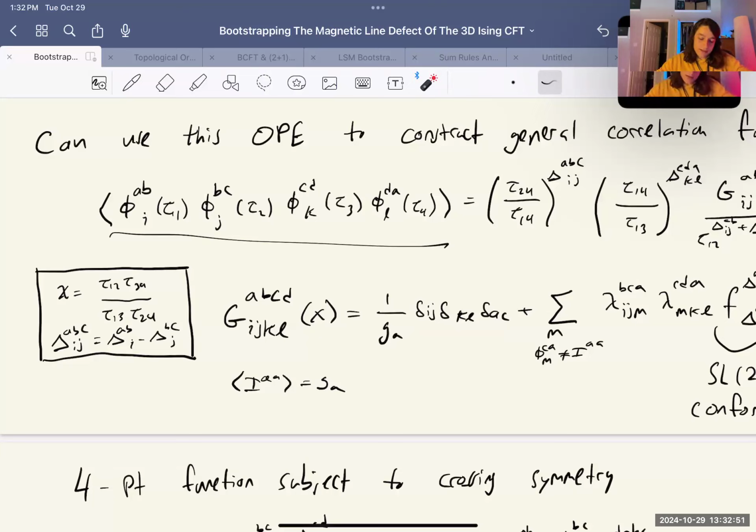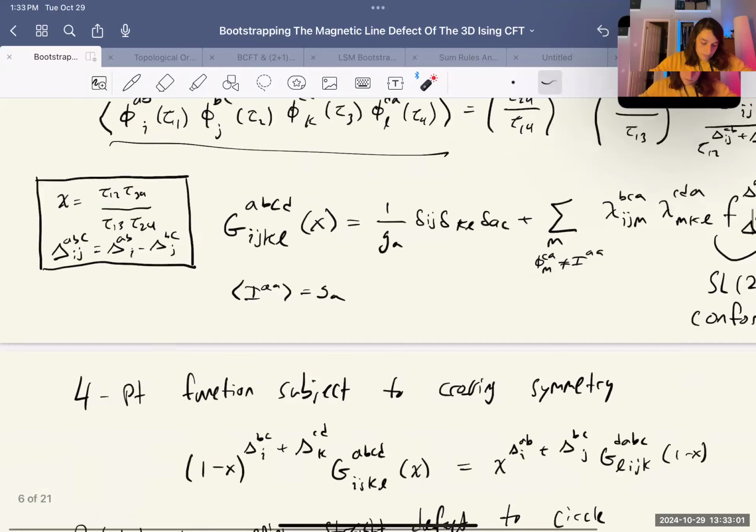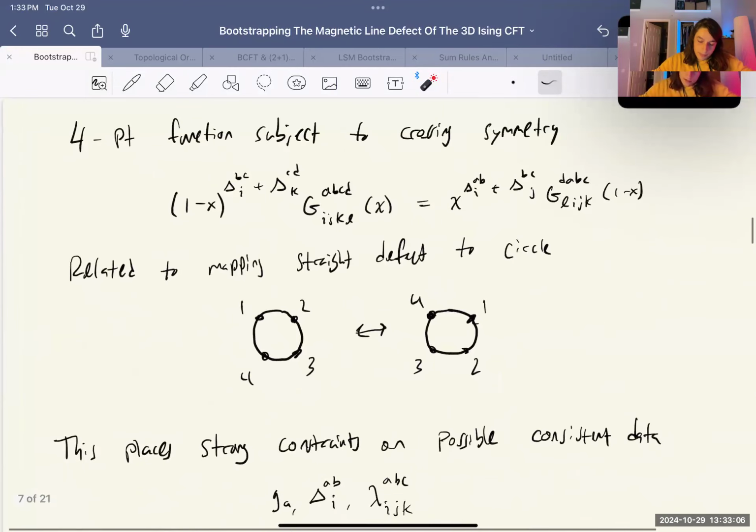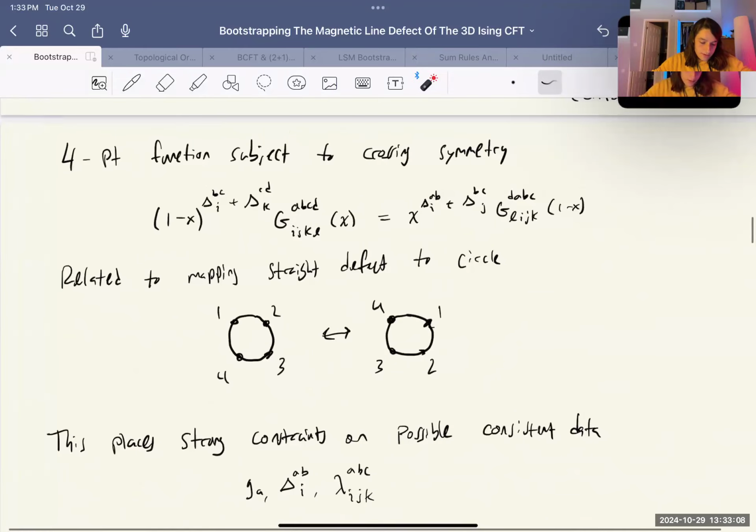And the fact that this G function appears in this way will be what allows us to actually put bounds on it. So the 4-point functions are subject to crossing symmetry.